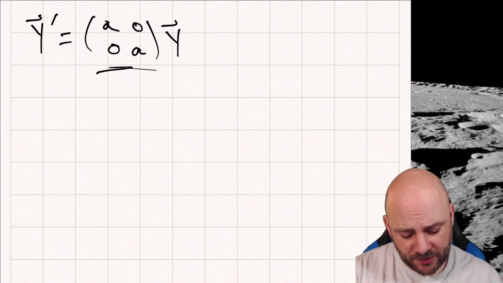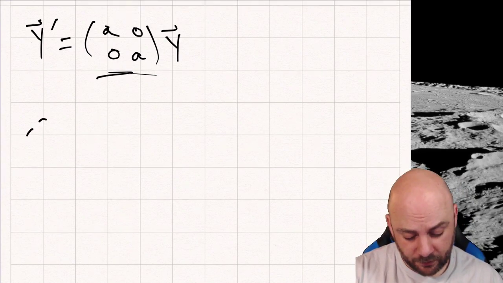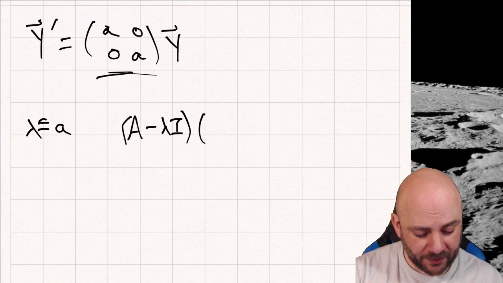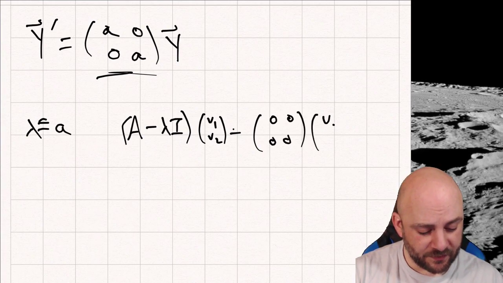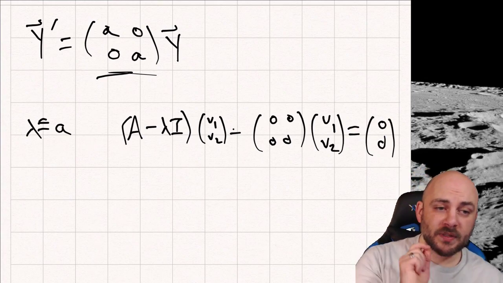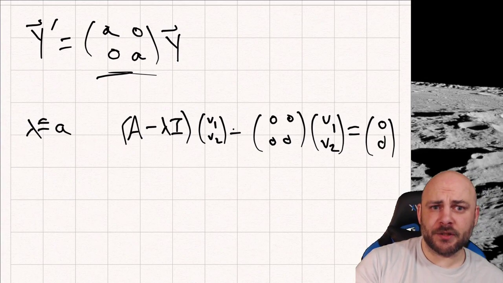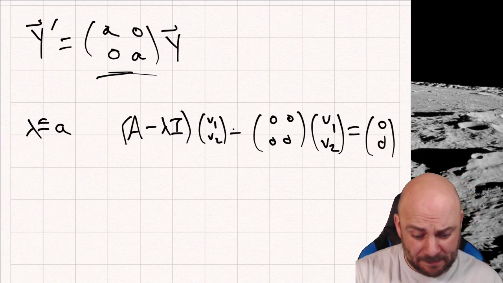Okay, for this matrix, my eigenvalues are A, so lambda equals A. And then when I look at big A minus lambda I, and I multiply that by (v1, v2), I get (0, 0; 0, 0) times (v1, v2) needs to equal (0, 0). And so what this means to me is that every single vector is an eigenvector. Well, what does that mean?